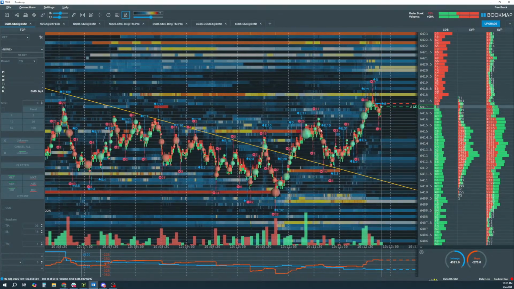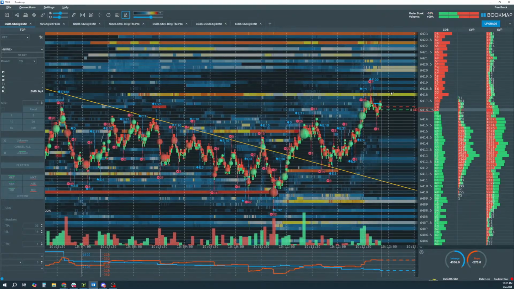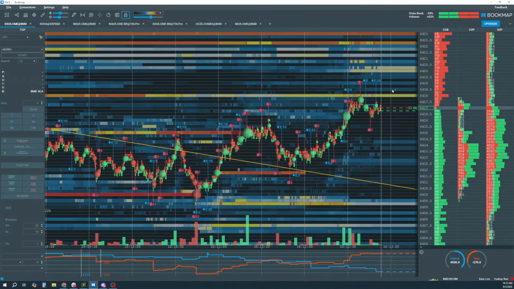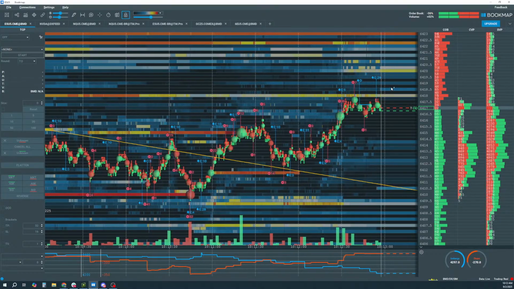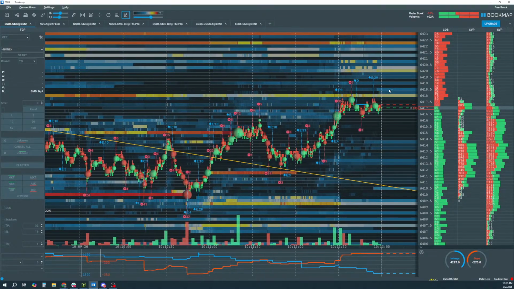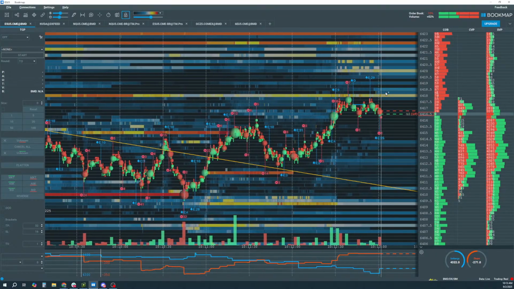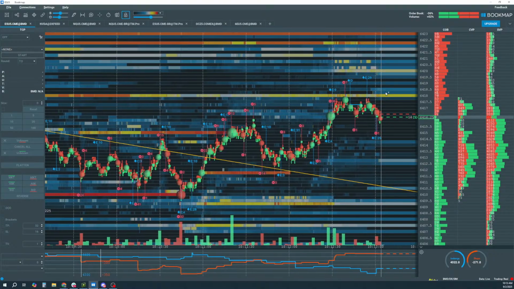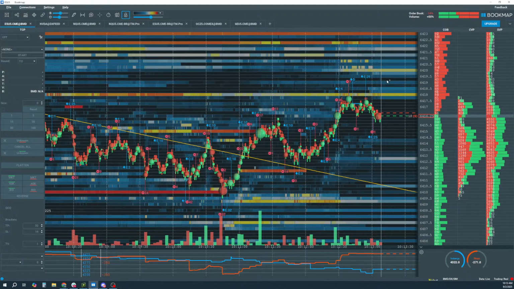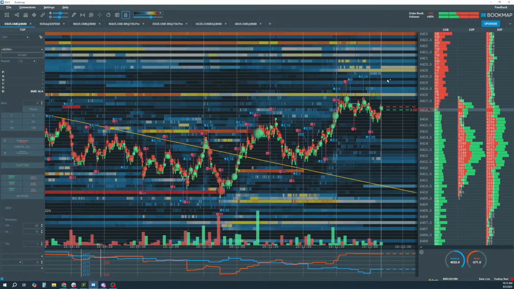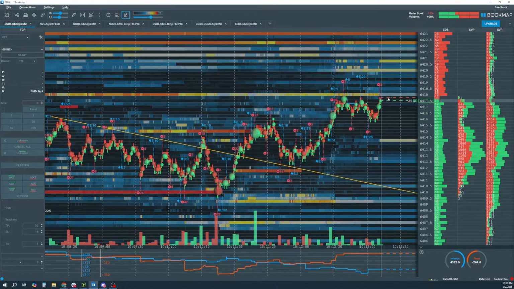We clearly have broken that structure now, and that's a good sign. Here come those buyers again.